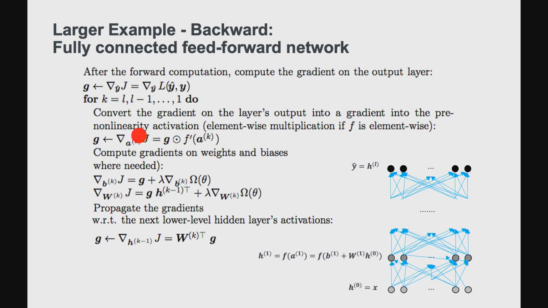So the layer's output, this one here, was above. And now we have this nonlinear activation, f of a_k.